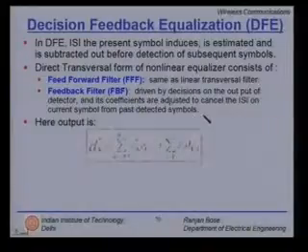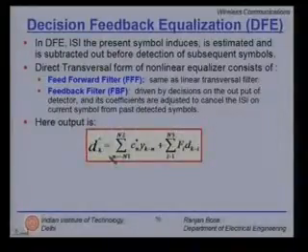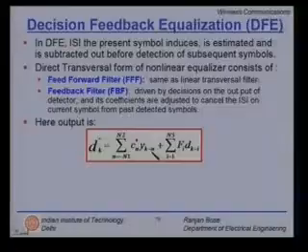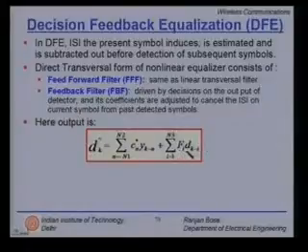For DFE, the output is given by d hat k equal to summation n equal to minus N1 through N2 of complex weights multiplied by the appropriately delayed input, plus the feedback filter coefficients Fi multiplied by d(k minus i).